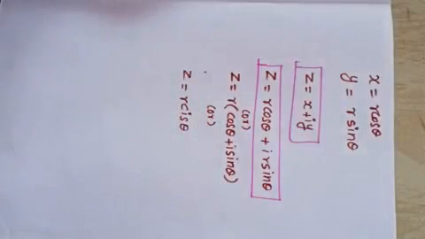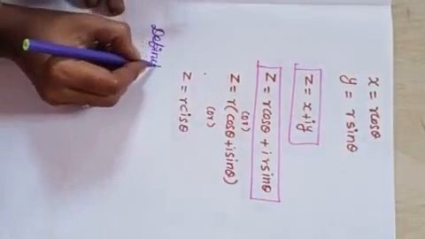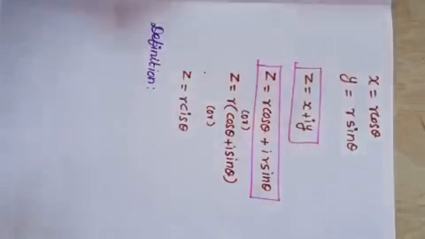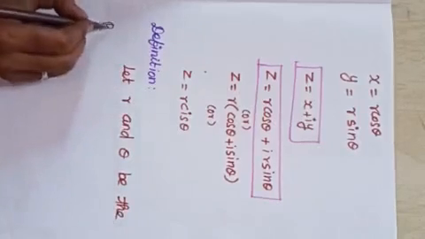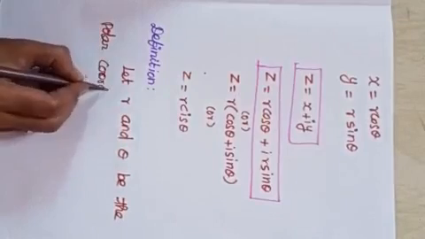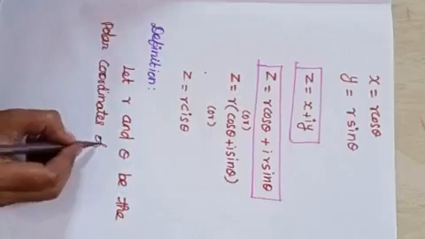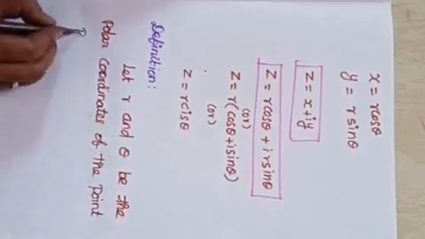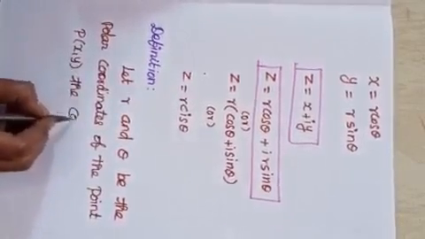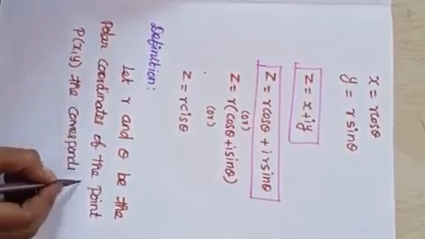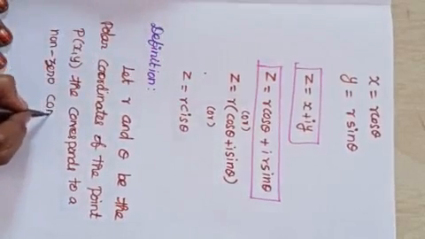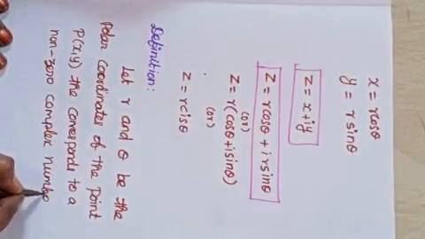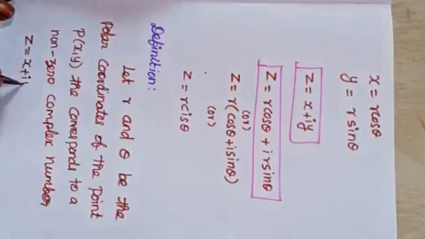Now see the definition. Let r and theta be the polar coordinates of the point P. So P of x comma y corresponds to a non-zero complex number z is equal to x plus iy.